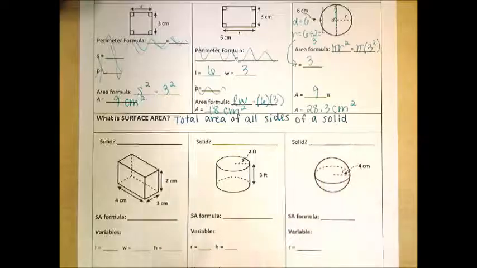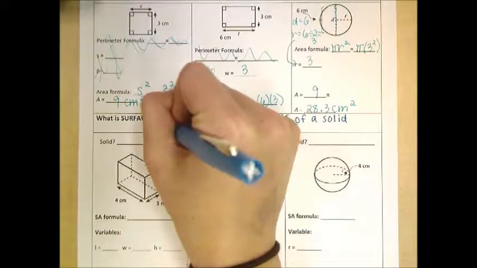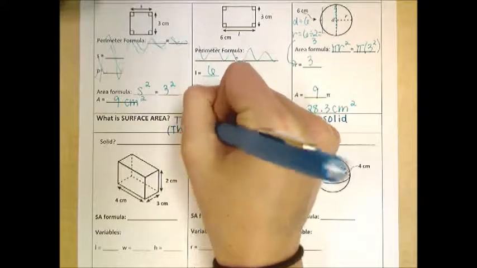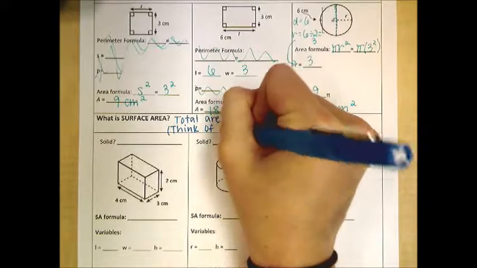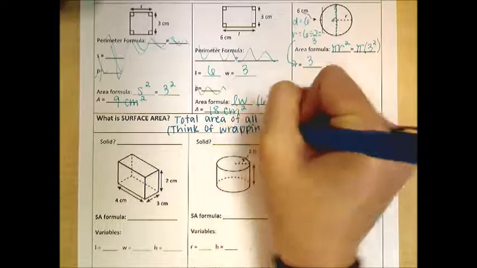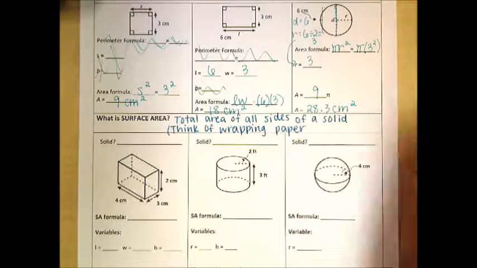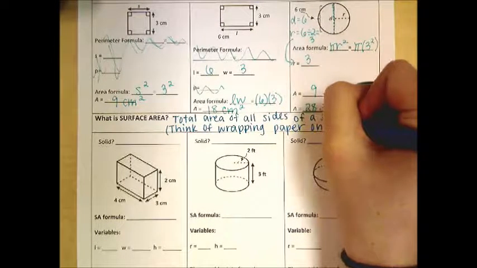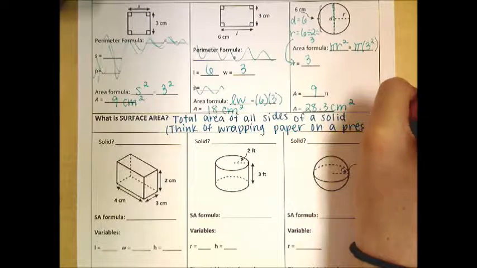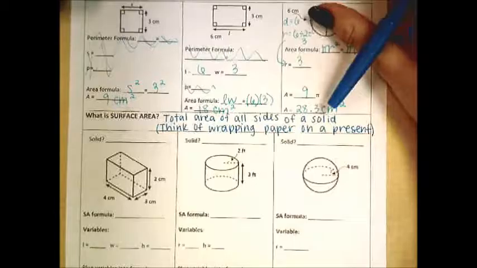But that is what the surface area is. So I always like to think of wrapping paper on a present. Your wrapping paper is actually the surface area of the present.